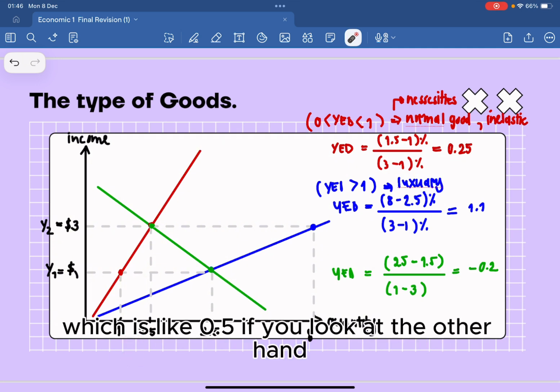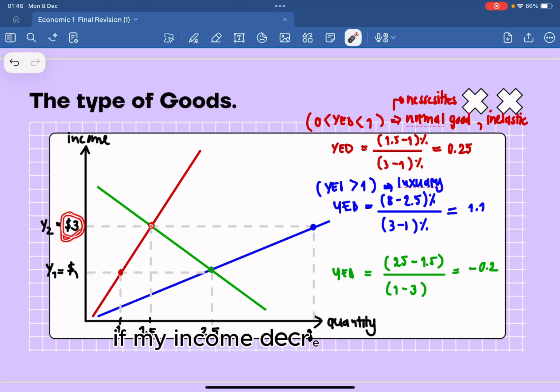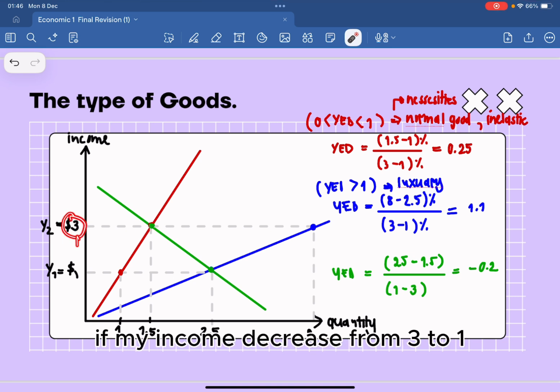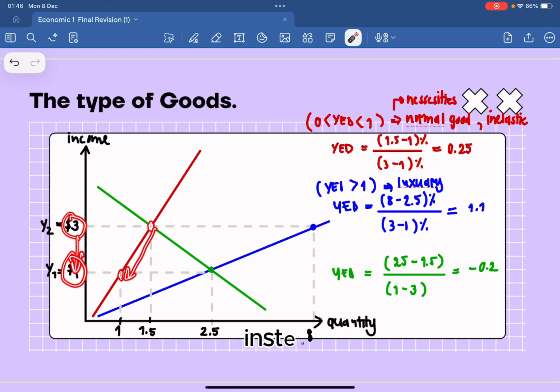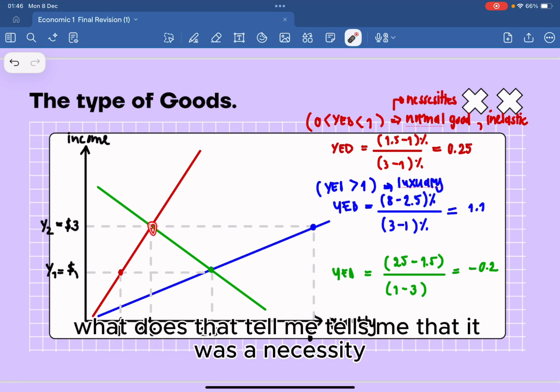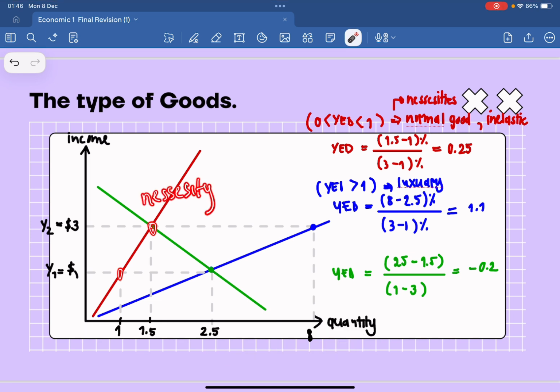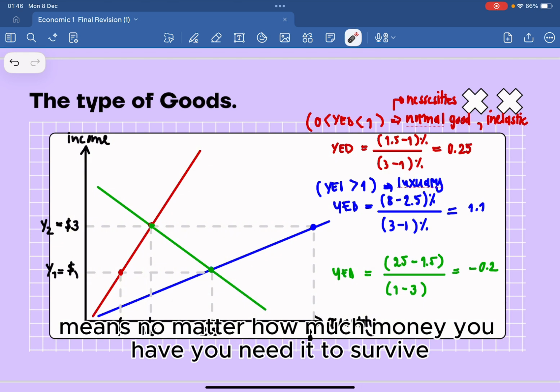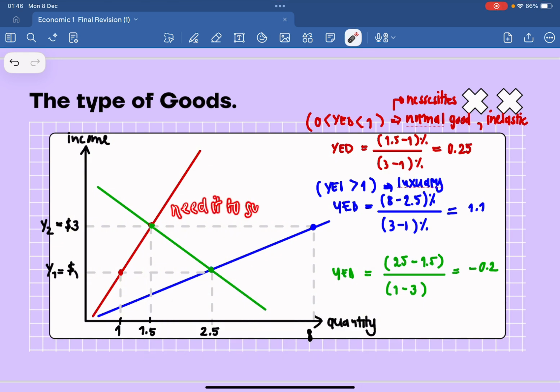If my income decreases from 3 to 1, from this point to this point instead, do you see the demand for that product is actually decreased by 0.5? What does that tell me? It tells me that it was a necessity. Means no matter how much money you have, you need it to survive. Okay?